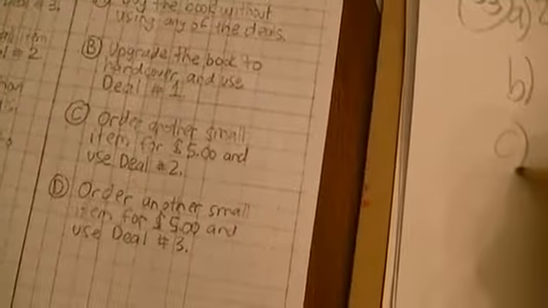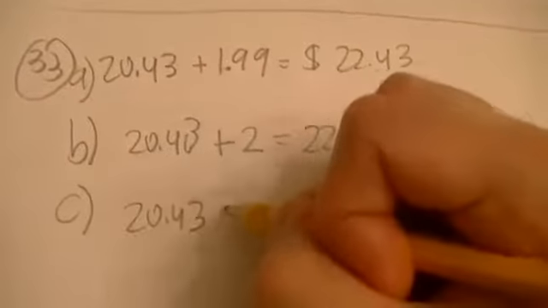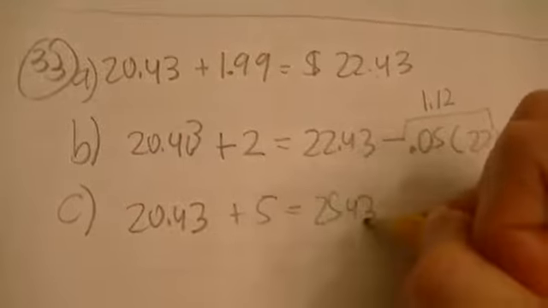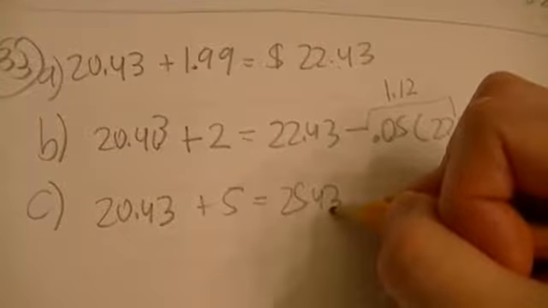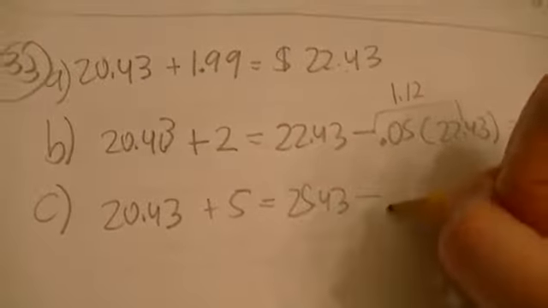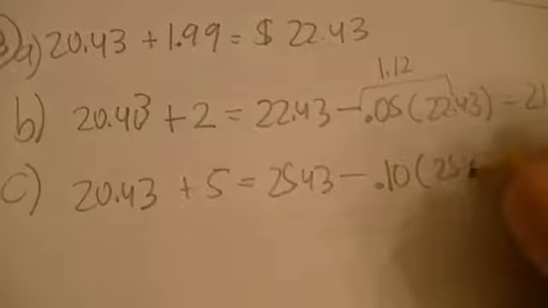Okay, B. Order another small item for $5 and use deal 2. So $20.43 is the book plus $5 for that small item is $25.43. Now we have 10% off the purchase, is what deal number 2 says. So 10% is 0.1 off of this $25.43.